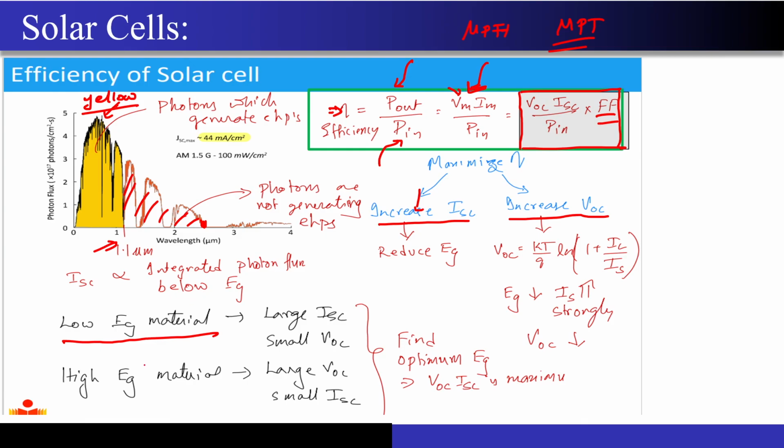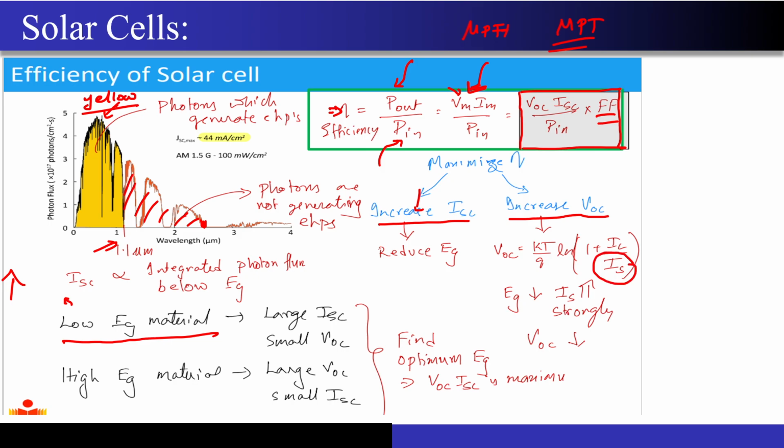But what is the other consequence? If you lower down the Eg of your material, then you must have seen that in the PN junction, the reverse saturation current increases rapidly if you lower down the band gap of the material. This reverse saturation current is present over here, IS.